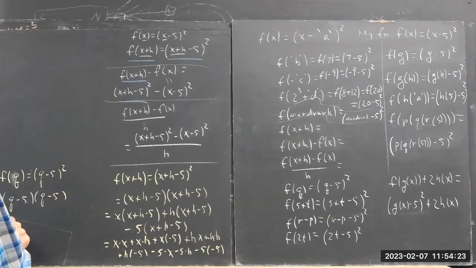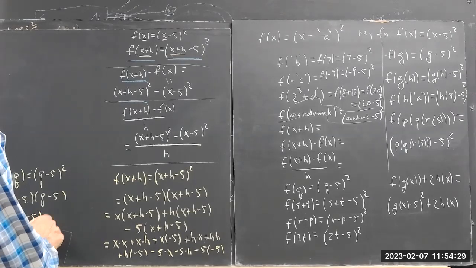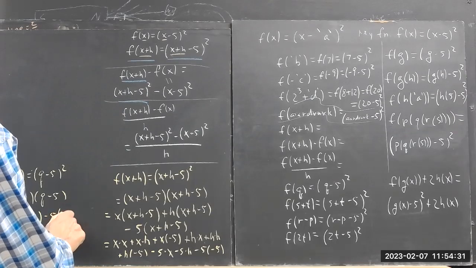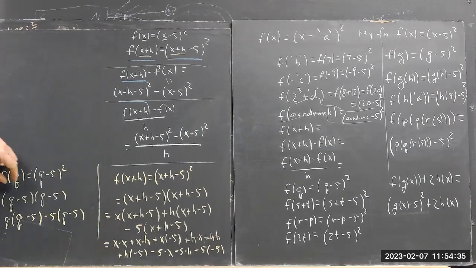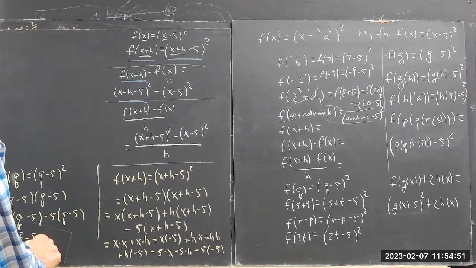And that's what? q times q minus 5, minus 5 times q minus 5. q times this, minus 5 times this. And when we multiply that out, we get q times q, which I'll just write as q squared, minus 5 times q.